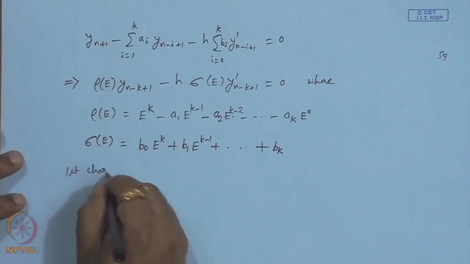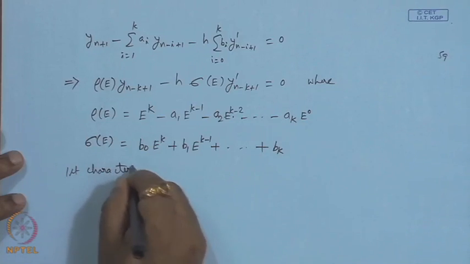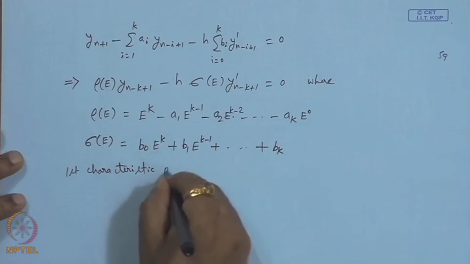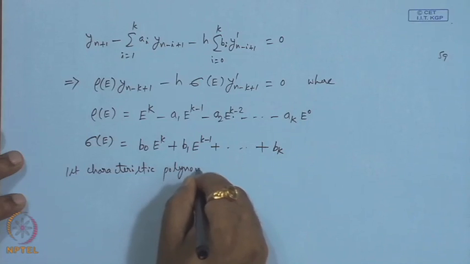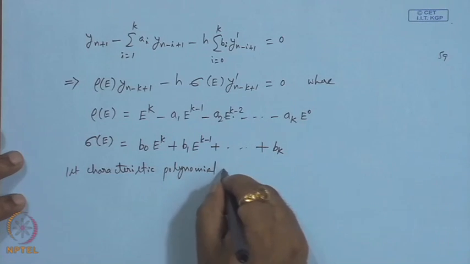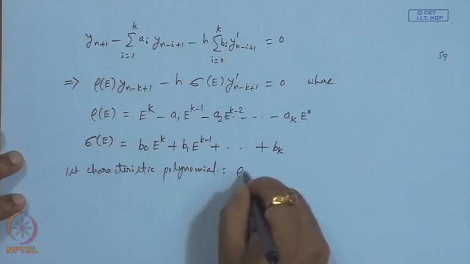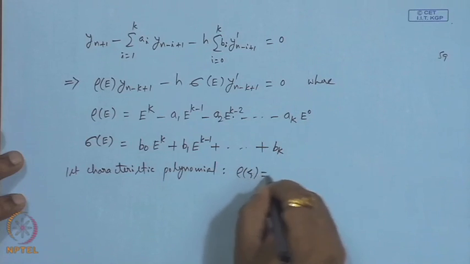the first characteristic polynomial of a multi-step method.